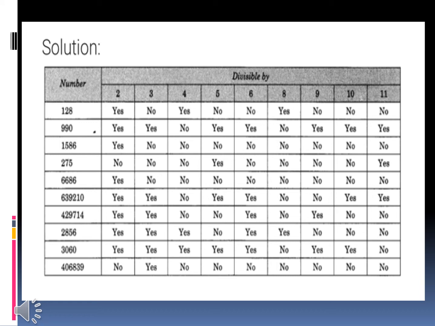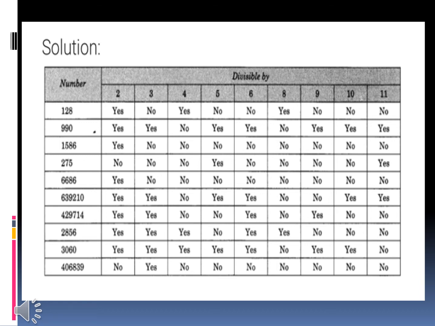So sum of digits 1 plus 2 plus 8, that is 11, and 11 is not divisible by 9. So 128 is not divisible by 9. Next, divisibility by 10. The last digit should be 0, but the last digit is 8, so it is not divisible by 10. Last is divisibility by 11.